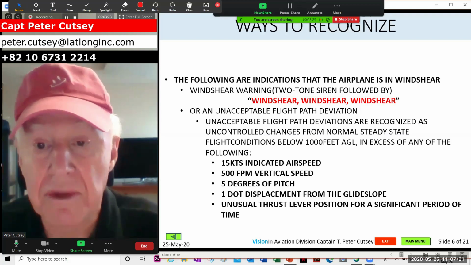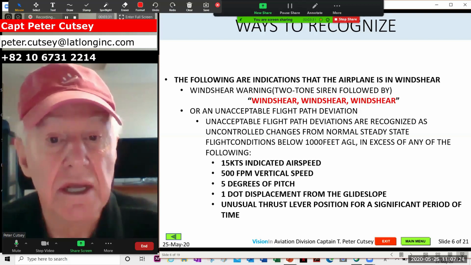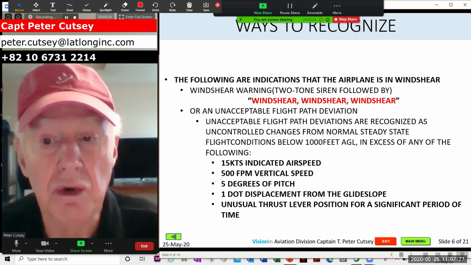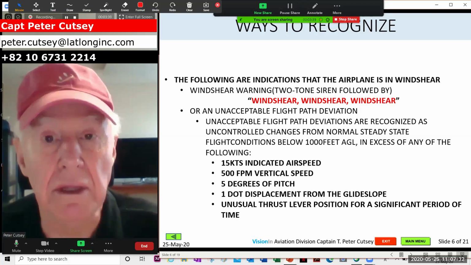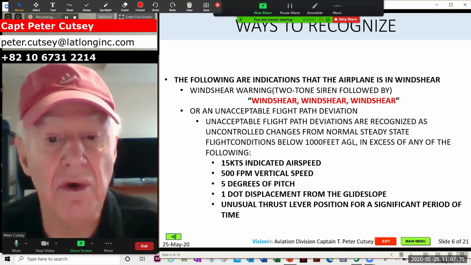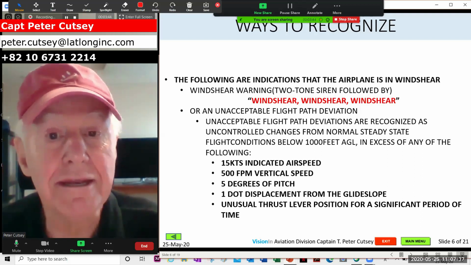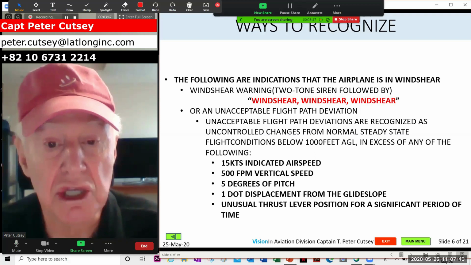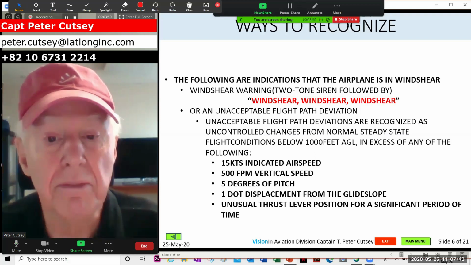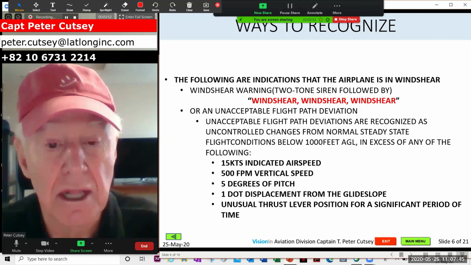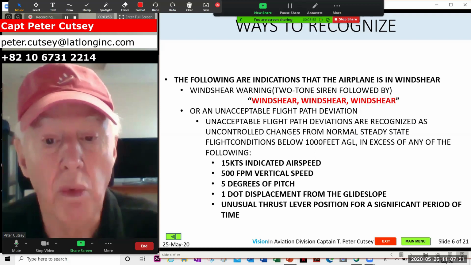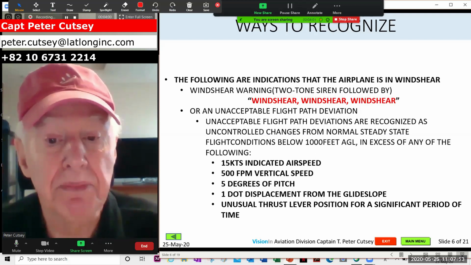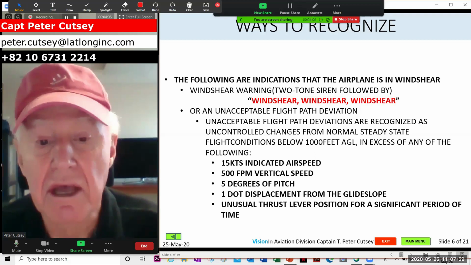Unacceptable flight path deviations are recognized as uncontrolled changes from normal steady state flight conditions below 1,000 feet above ground level, in excess of any of the following: a 15-knot indicated airspeed change, more than a 500 feet per minute vertical speed change, more than 5 degrees of pitch change, more than 1 dot displacement from the glide slope, or an unusual thrust lever position for a significant period of time.